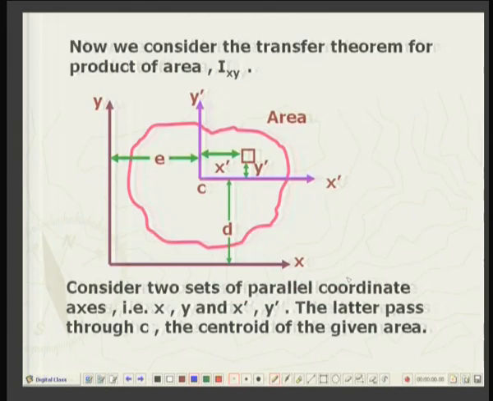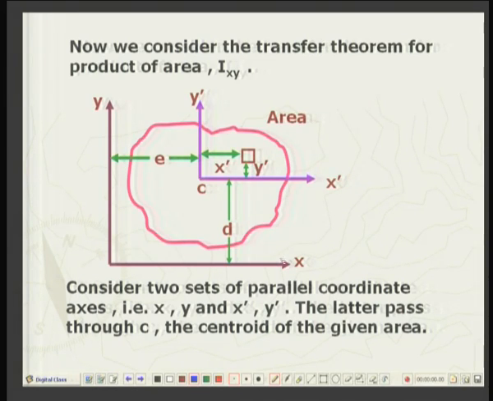If we want to do a similar thing for the product of an area, again I am taking an arbitrary area. The coordinates x dash, y dash are both passing through the centroid. So, you can say the centroid is the origin of this old coordinate system, x dash, y dash and z dash coming out of the plane of the screen, and a new coordinate system.